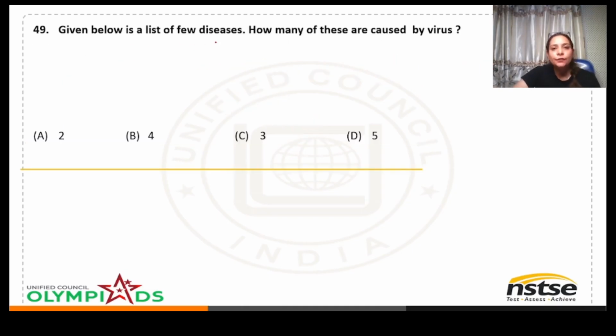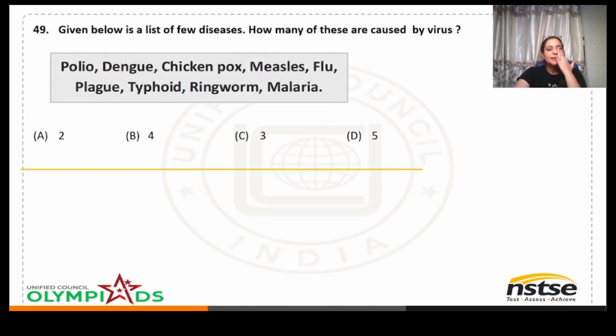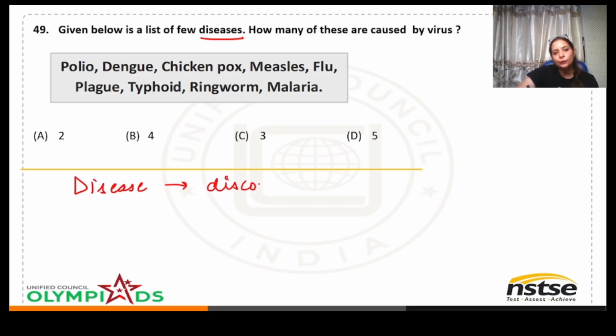Given below is a list of a few diseases. How many of these are caused by virus? The diseases given are polio, dengue, chickenpox, measles, flu, plague, typhoid, ringworm and malaria. Now, what do we mean by disease? Disease means discomfort, or you can say that some body part is not properly functioning due to some reason.